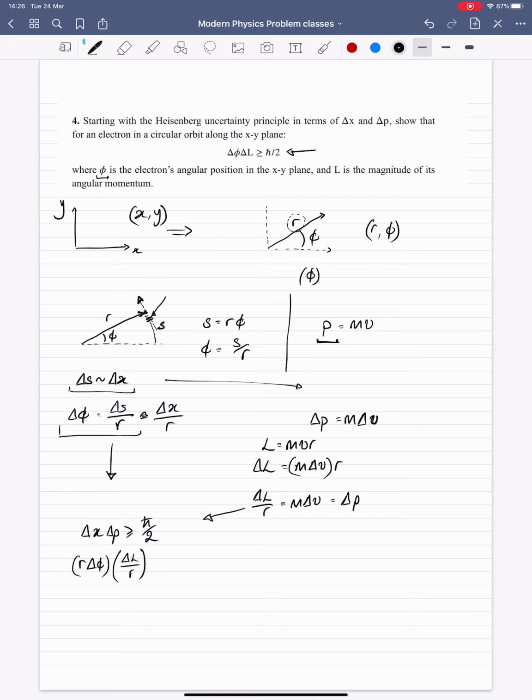That is just equal to delta phi times delta L, because the r's cancel out, which must also be greater than or equal to h bar divided by 2. And that is the relationship that we should get. Exactly.